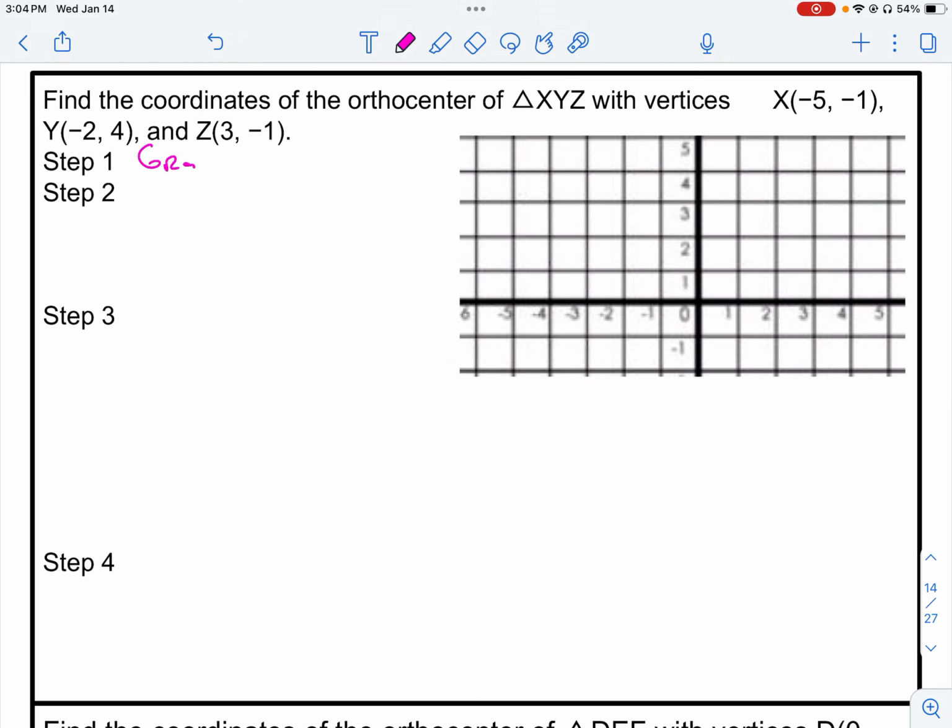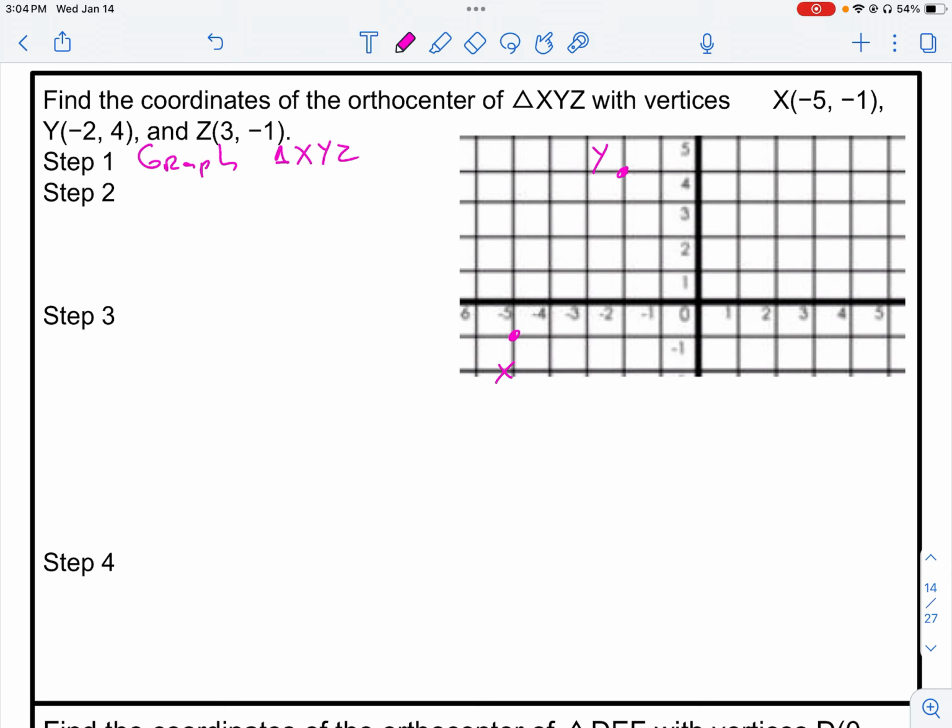And just like with anything else, when we have a coordinate plane and coordinate points, we're going to graph it and see what we're dealing with. So X is at -5, -1. So that's right there. Y is at -2, 4 up here.